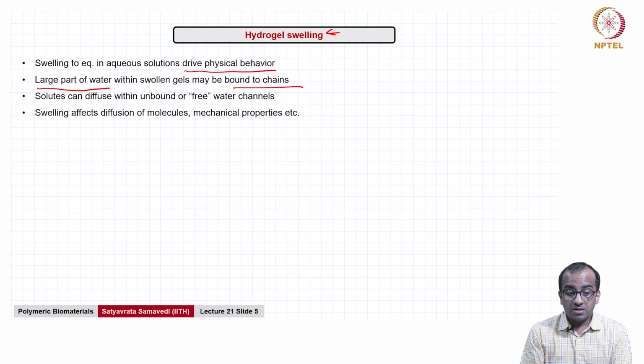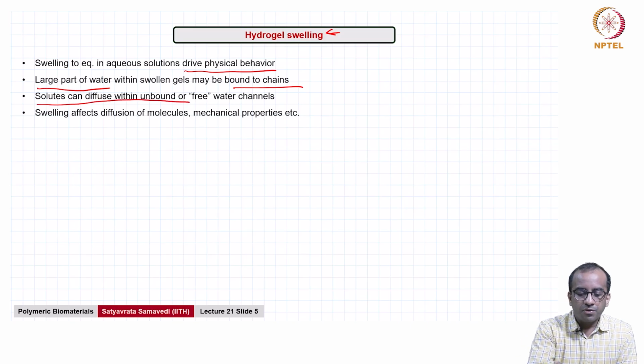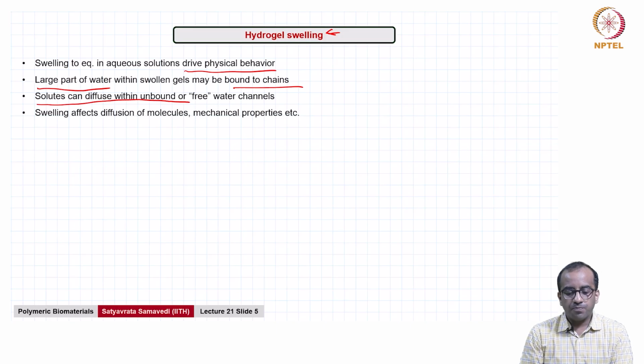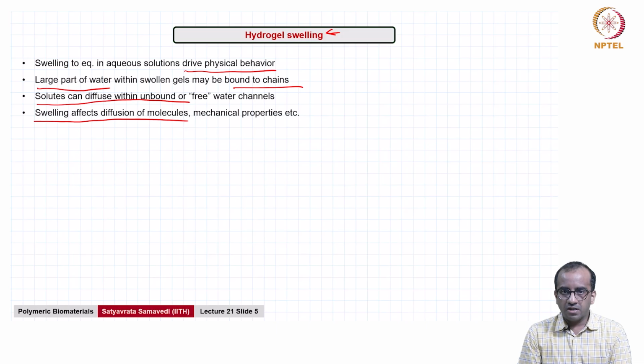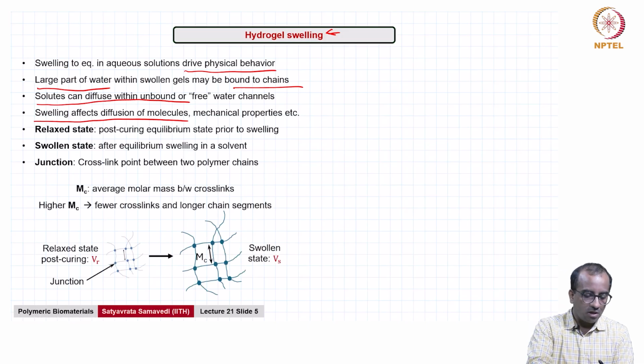And because the network has expanded, solutes can diffuse in and out, and the swelling can affect the diffusion of molecules and mechanical properties of the network itself. Now, a couple of terms to look at before we dive into the thermodynamics of this process.